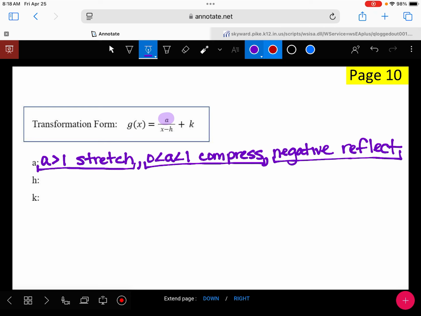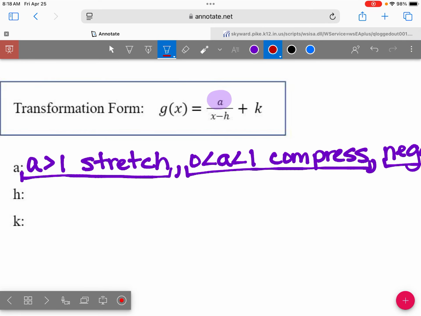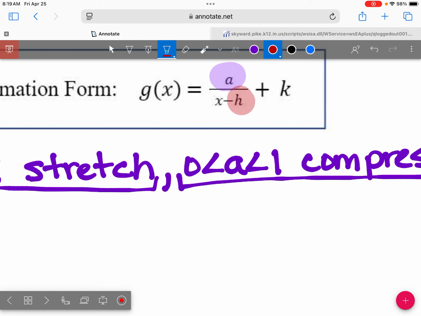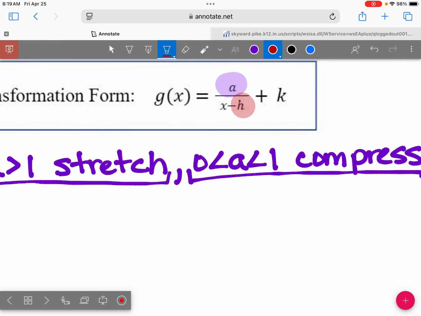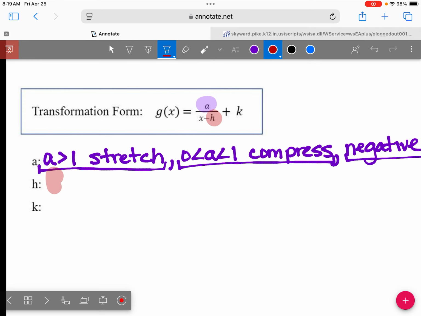H is going to be the number that you see in the denominator. Let me zoom in. This is H. Now remember, H, you always have to flip the sign. You always flip the sign, and that's what a lot of students forget to do. But H moves the graph left or right.